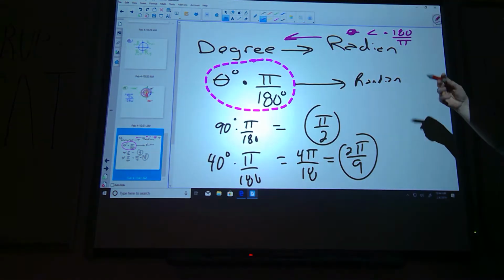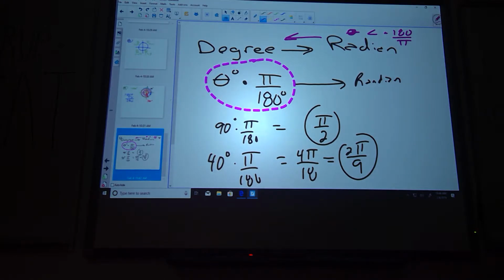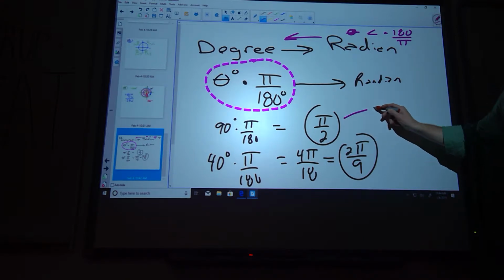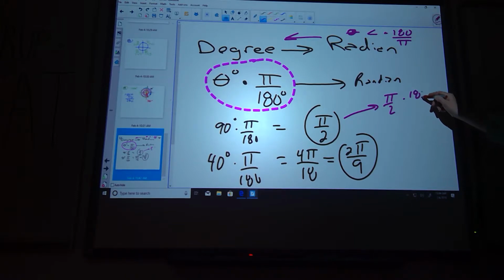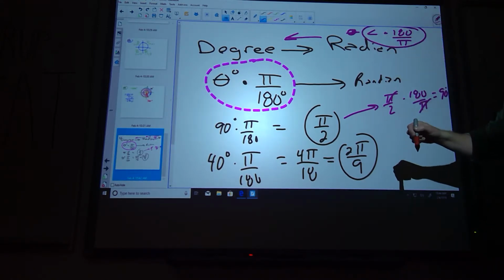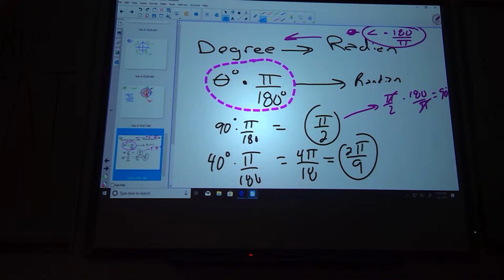And the nice thing is then you start getting things canceling out. So if I take pi over 2, which I know was 90 degrees, and multiply that by 180 over pi, the pi's cancel, and I get 180 over 2, which is 90. So this allows you to go backwards from radian to degree.